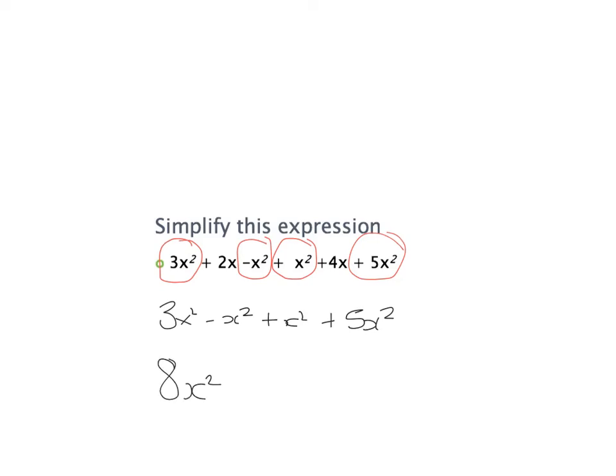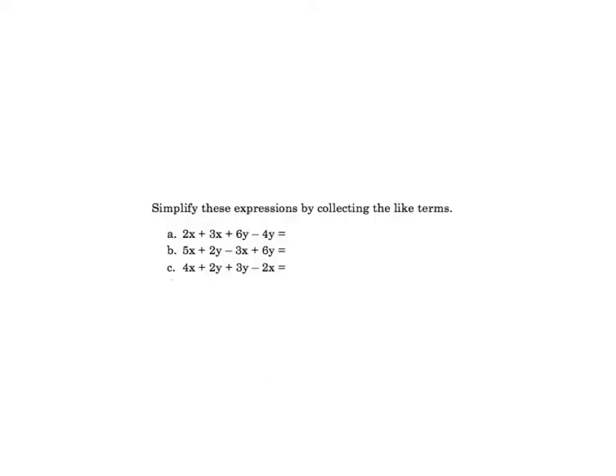Okay, so 3x squared minus 1x squared is 2x squared. 2x squared plus 1x squared is 3x squared. 3x squared plus 5x squared is 8x squared. Okay, and then we're going to collect the x's. These are the only like terms there, and we get plus 6x. Can't go any further with that. Can't collect them any further because x and x squared are unlike terms.